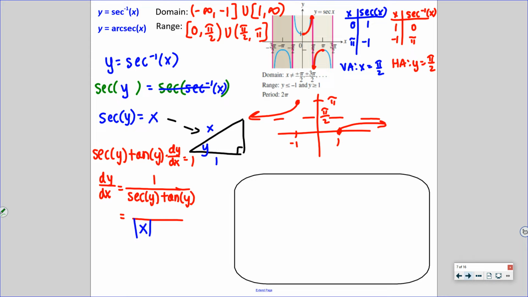Okay, so let me go back to here. I remember we used imp-diff to solve for dy/dx, and then we set up this little triangle to figure out what the secant of y was, which is cosine's reciprocal. Cosine would be adjacent over hypotenuse, so secant is hypotenuse over adjacent, so it's just x.